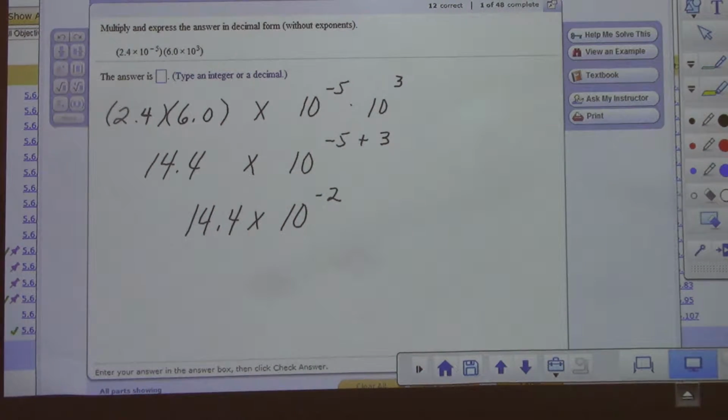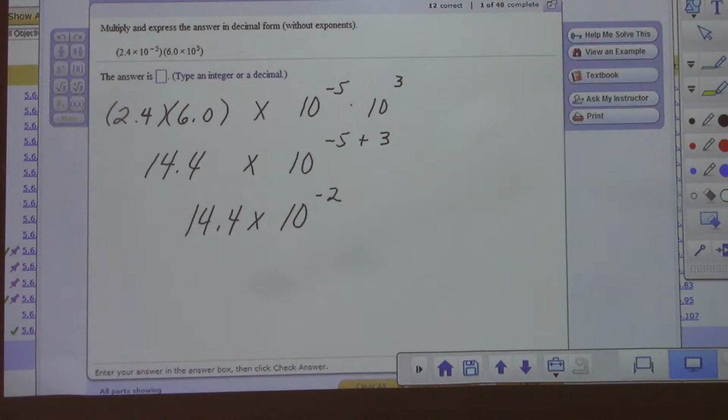No. So change it into scientific notation, because it is not, because you know the definition of scientific notation, unless you didn't learn it. If you knew the definition, then you would know that that's not in scientific notation.